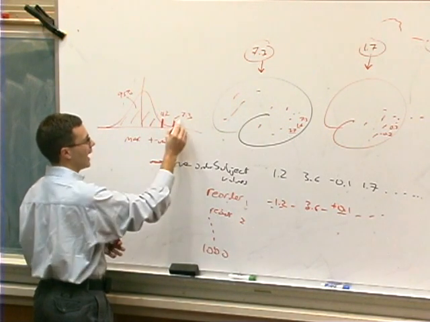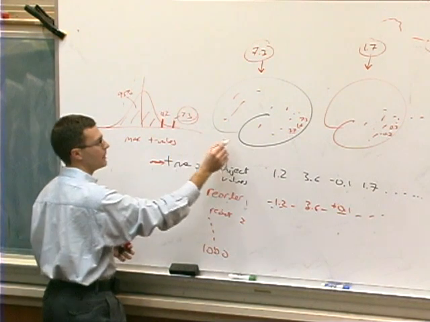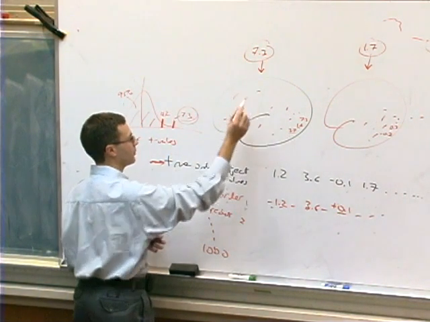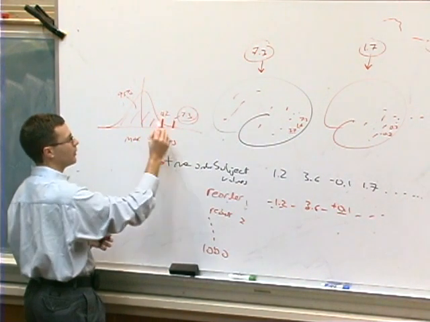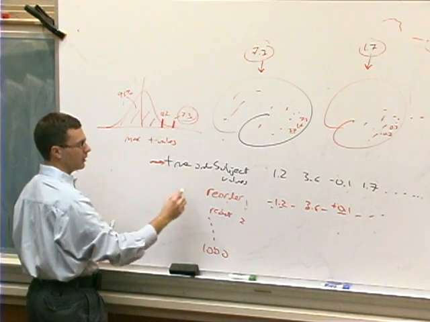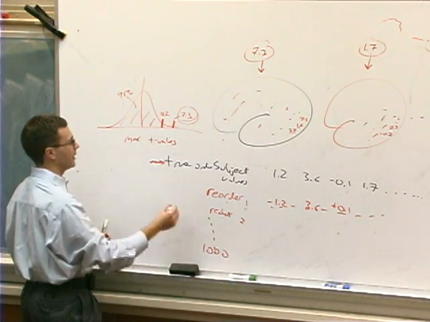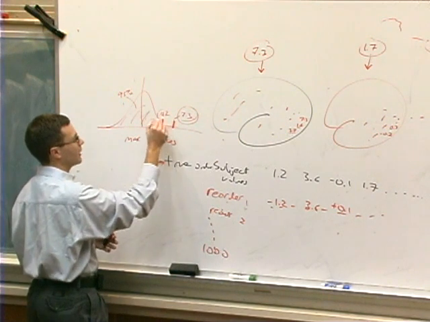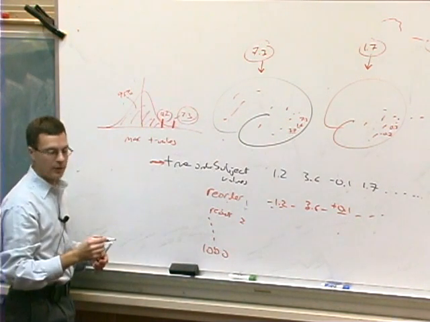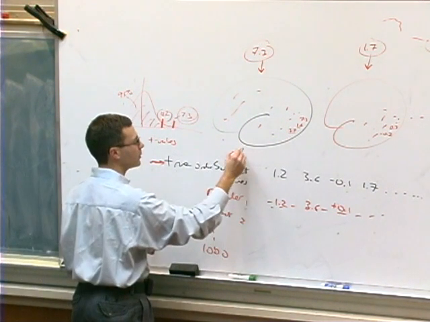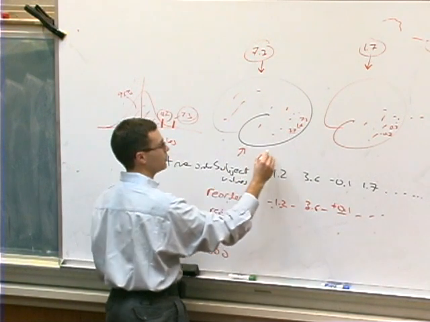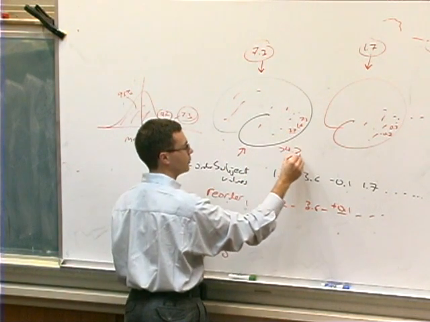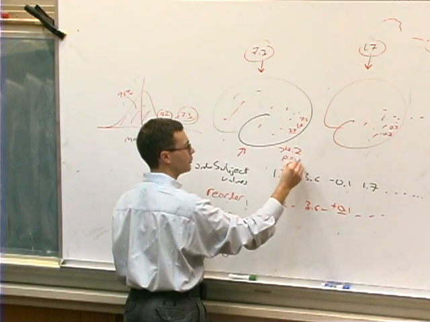So the actual ordering of my data yielded a biggest t-value of 7.3, and in the distribution of all maximum t-values obtained under all the possible permutations of the data, 95% of the values were less than 4.2. Therefore I can say that on my original statistical map, any value greater than 4.2 is significant at p equals 0.05.